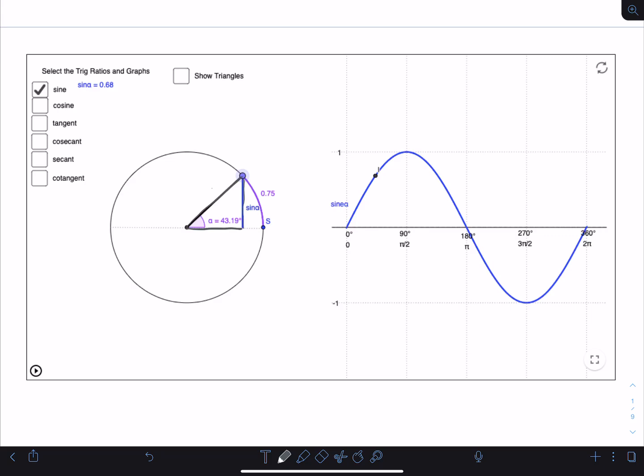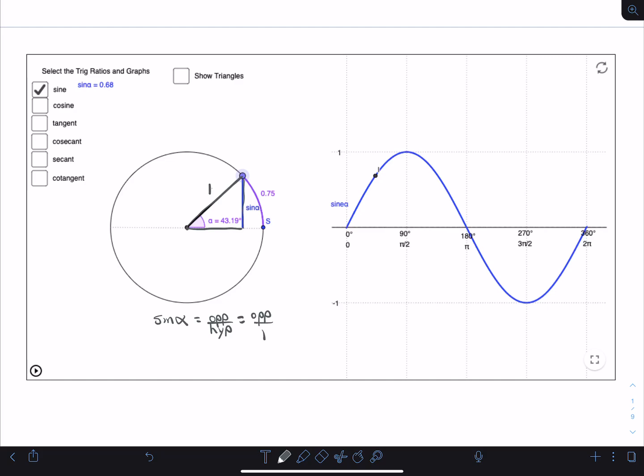If I make the radius of this circle 1, and we're measuring from the center, the angle here is alpha, a little hard to see, but the sine of the angle would be equal to the opposite side over the hypotenuse. The hypotenuse in this case, I set it to be 1 because it's a unit circle. Unit meaning 1. So it's opposite over 1.